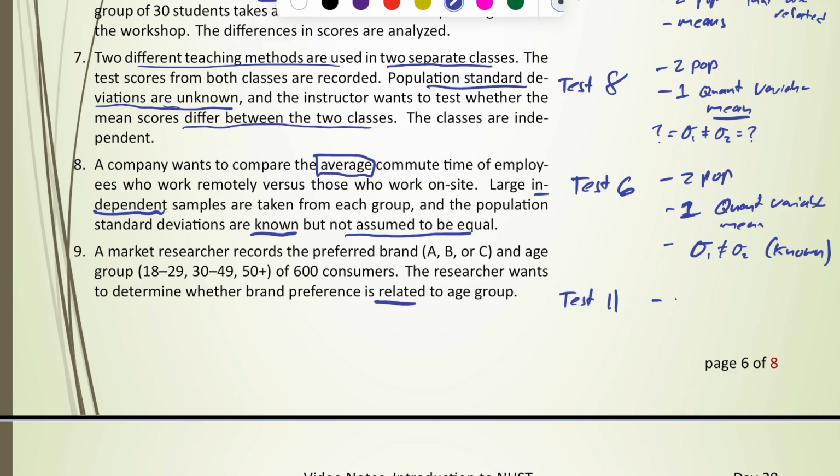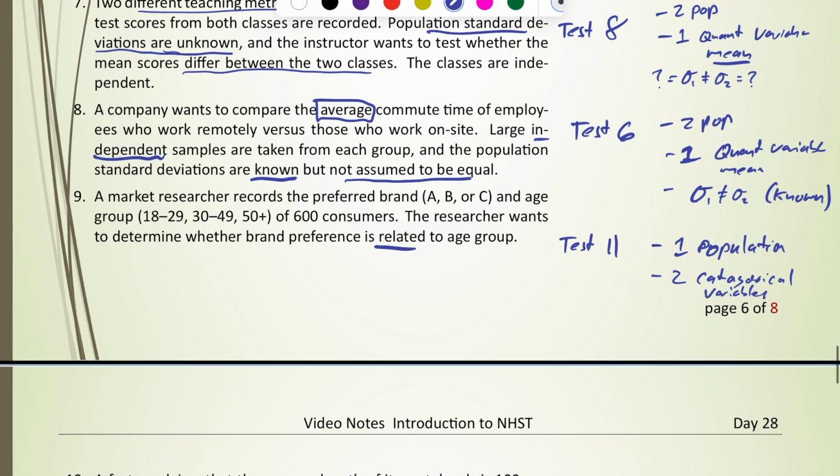We've got one population, two categorical variables, and we want to know, are they related? So that's going to be test 11.